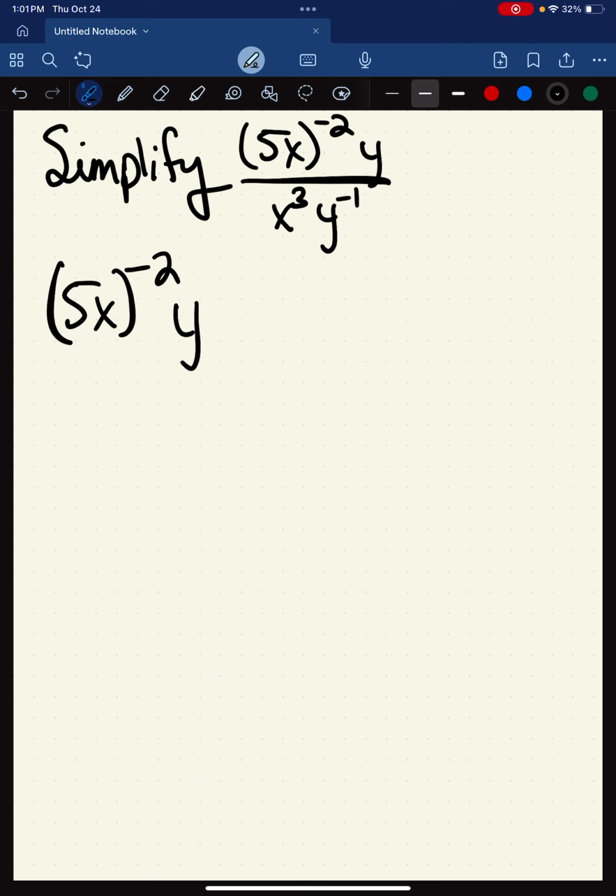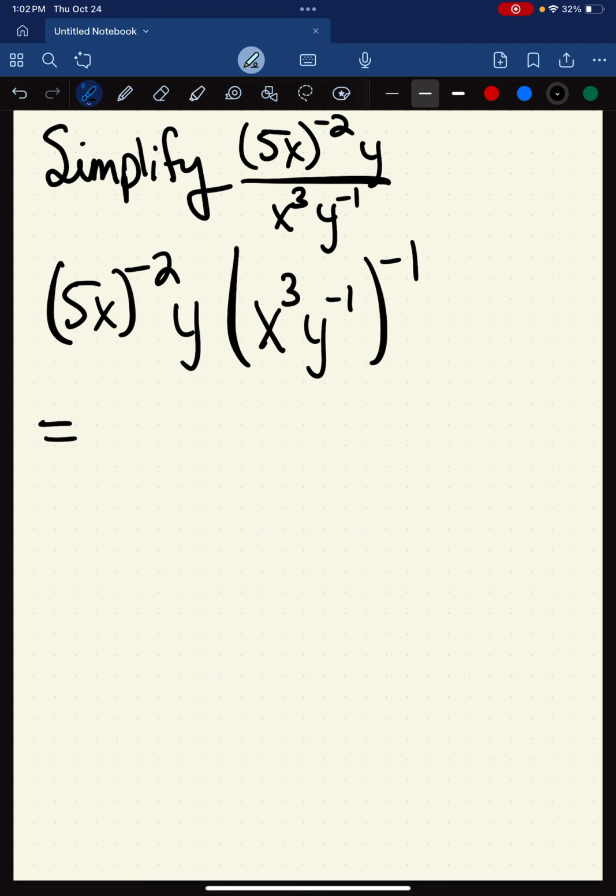So 5x to the negative 2 times y times (x cubed y to the negative 1) all to the power of negative 1, right? And if you need to review this negative 1 power and how we got this, just go back a little ways in this lecture and review that. Or if you have any questions, of course, email me and I can help you, or come to office hours, that's fine too.